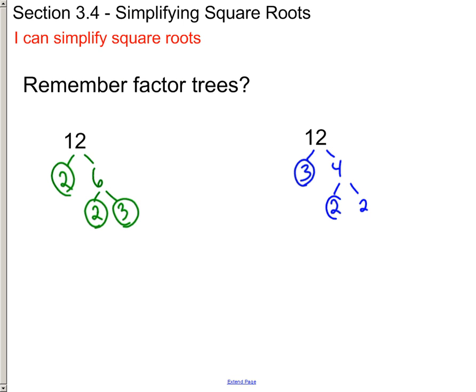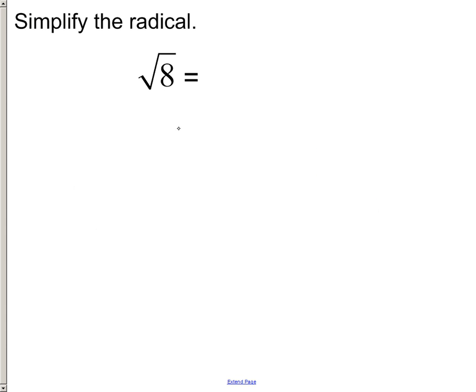And those are prime numbers. And you will notice that I had 2 2's, the same as I did over here, and 1 3, the same as I did there. So this gives you a little bit of freedom when you factor these numbers down. You don't have to go a certain method or a certain way. And we're going to use that very idea for simplifying radicals.